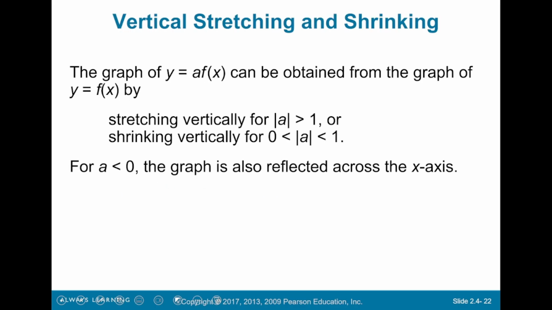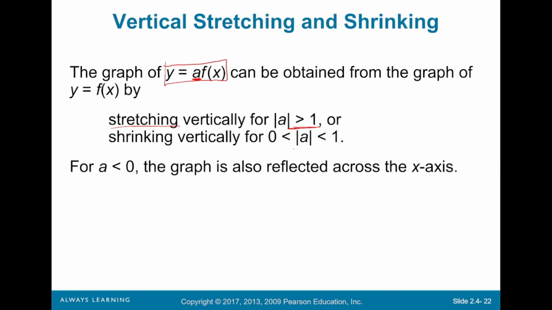Now, we can also stretch and shrink our graphs. To vertically stretch or shrink, we multiply the function by some a value in the front. If the absolute value of a is greater than 1, we're stretching.